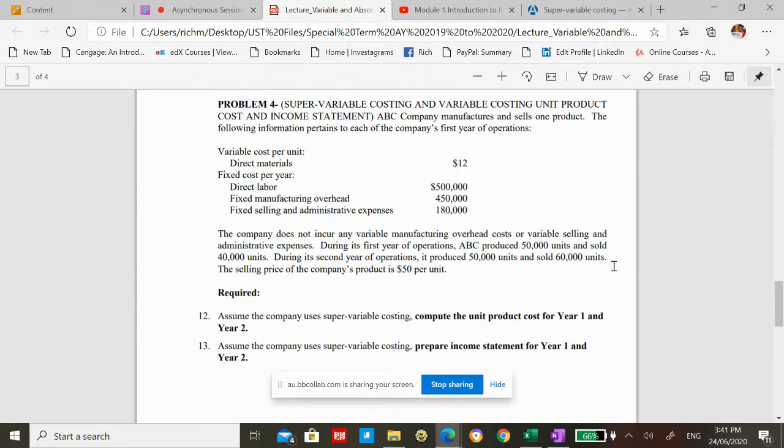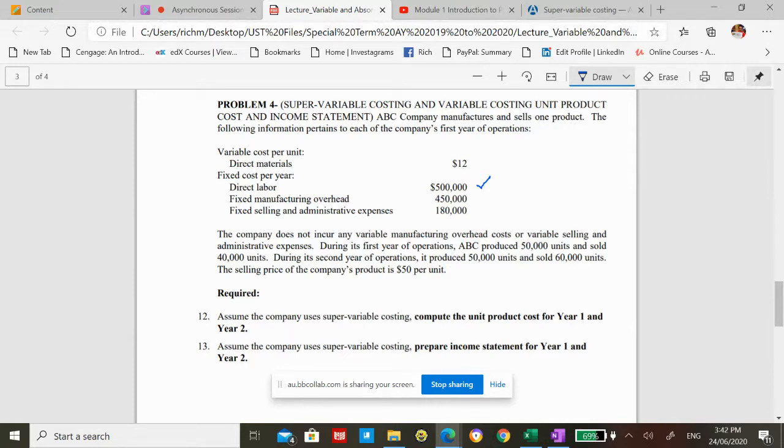As you can see, the direct labor is considered fixed cost in this particular problem. Then we have fixed manufacturing overhead and fixed selling and administrative expenses of 450,000 and 180,000 respectively. The company does not incur any variable manufacturing overhead costs or variable selling and administrative expenses.